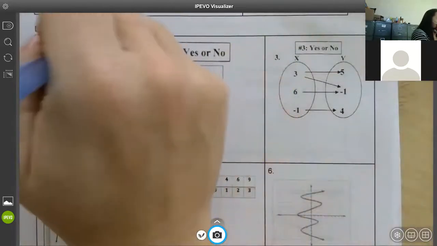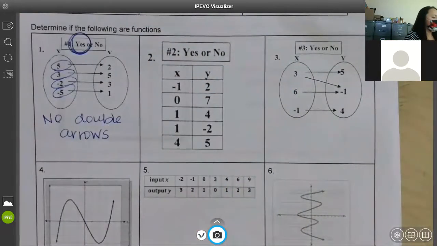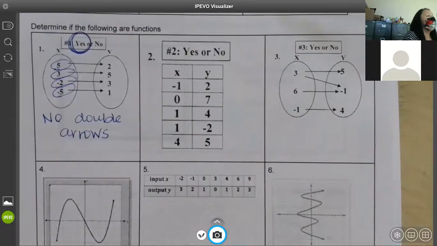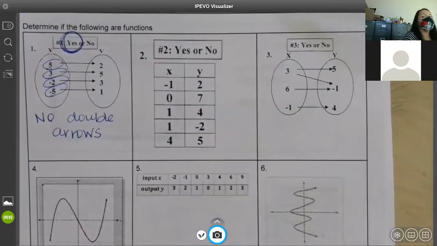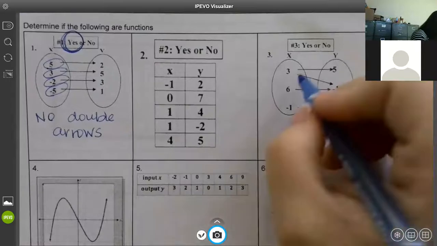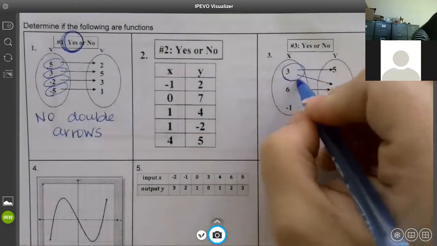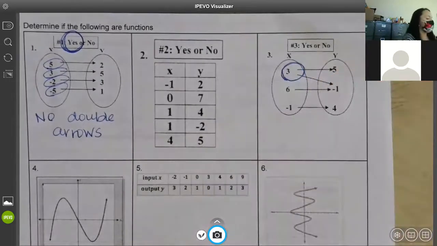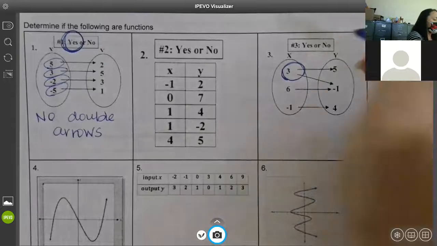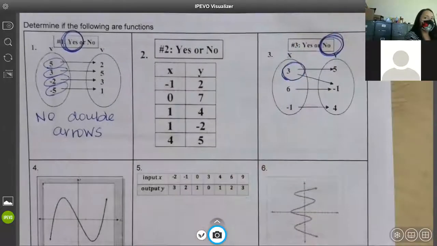So this is a function. Look at your other mapping, number 3. How many arrows are coming out of 3? Two. Remember, we cannot have that. So this is not a function. The minute it's wrong is the minute you put no.